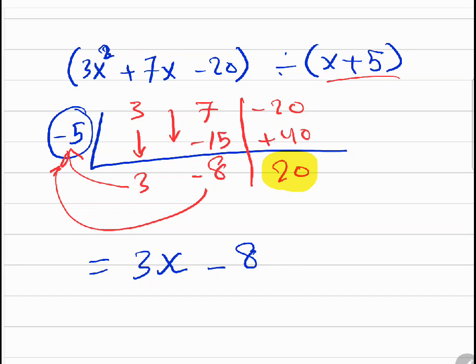Now, if you have a remainder that's not 0, what do you do with it? It's going to be the remainder, 20, divided by what you tried to divide it by, which is x plus 5.